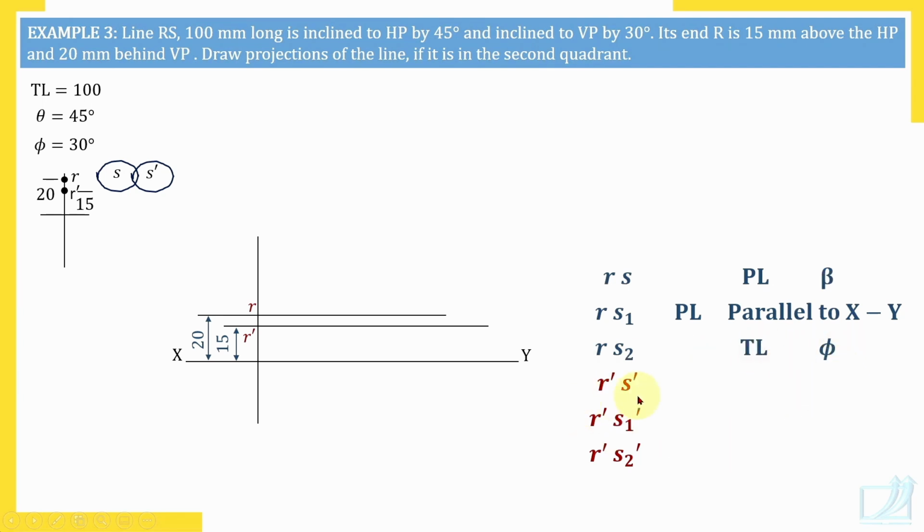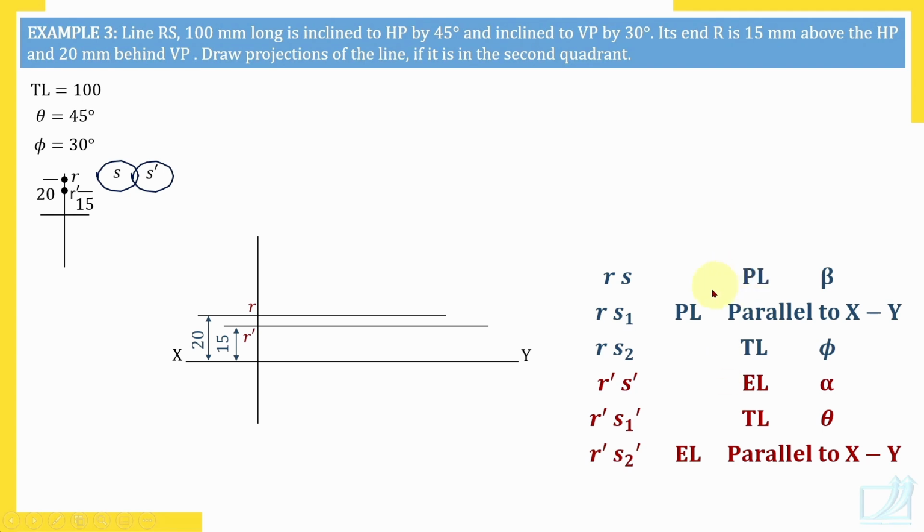R dash S dash has length EL and alpha. R dash S1 dash, front view with suffix 1, is true length. So true length and shows true inclination. And R dash S2 dash has length EL and it is parallel to XY line. Have you noticed there are two ELs? This EL passing through R dash and this EL passing through R dash. That is why we say that rotate EL.